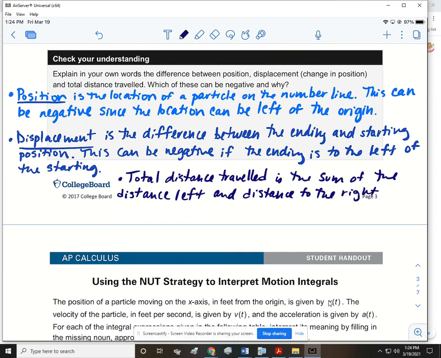So you're not really looking at direction, you're just looking at distances, and this cannot be negative.